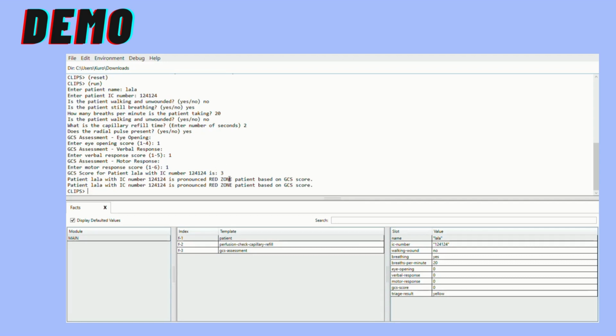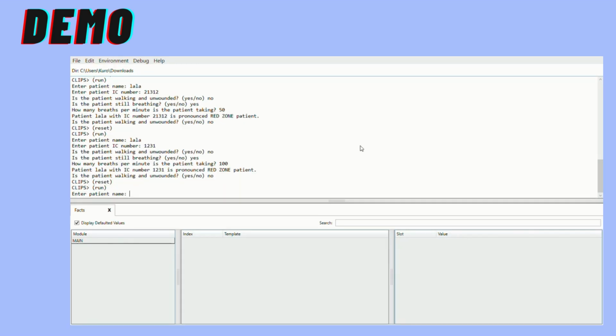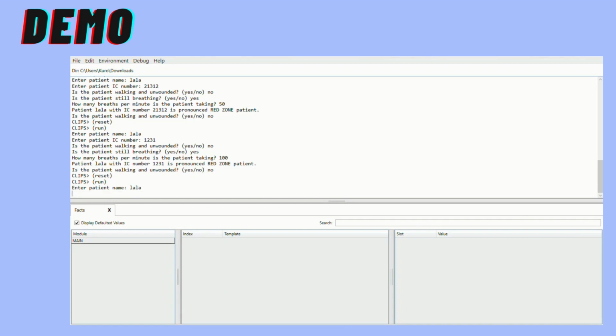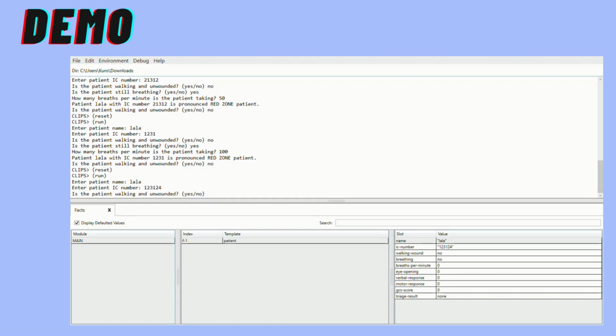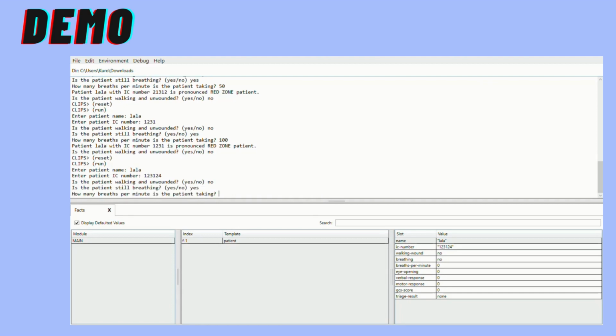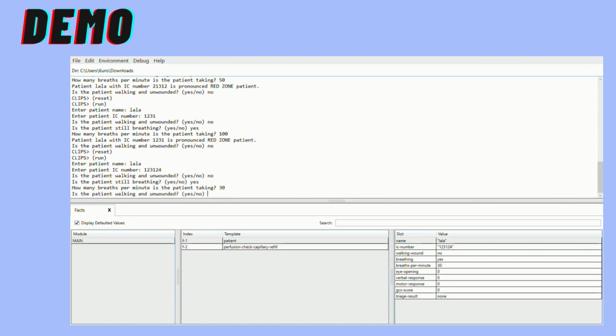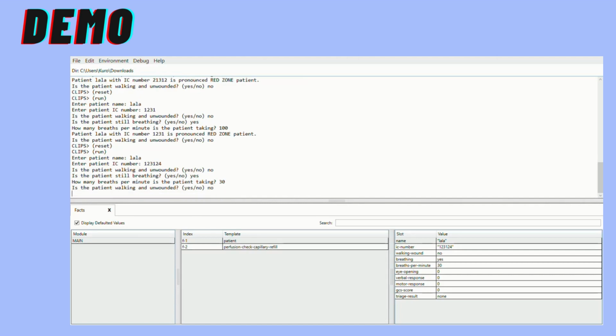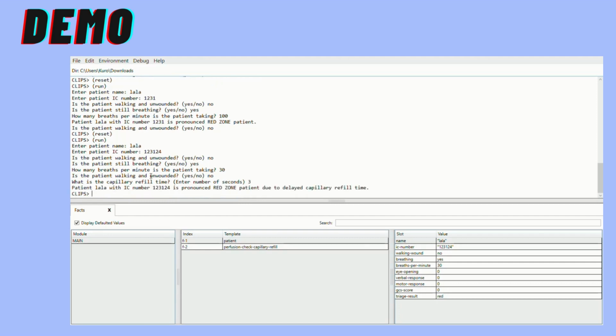The total score here is 3, so it will go to the red zone. So we try to go above 2, 3. It will tell that the patient needs to go to the red zone.